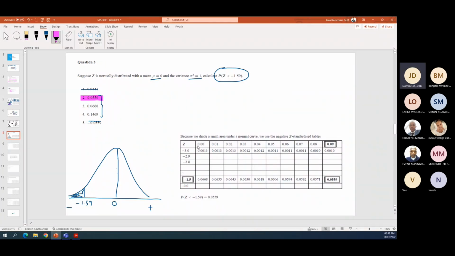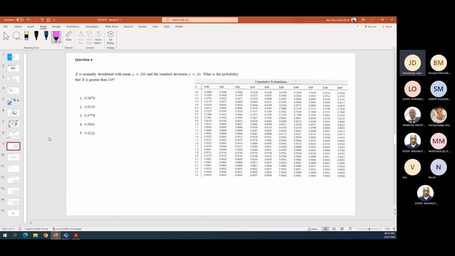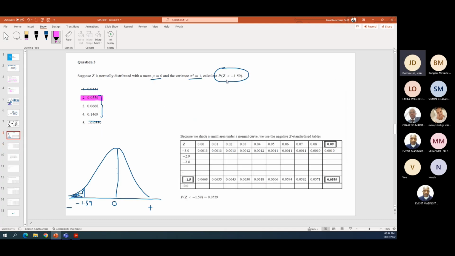Okay, so we'll continue on Saturday with this, but basically every time, we always give you the Z, or we need to work out the Z. With the Z, we go to the Z table, and then I like to draw the normal distribution graph, just to give myself an insight on what I'm looking for, and because this also makes it a bit simpler for you, if you get a weird answer or option, that you can nearly eliminate it.